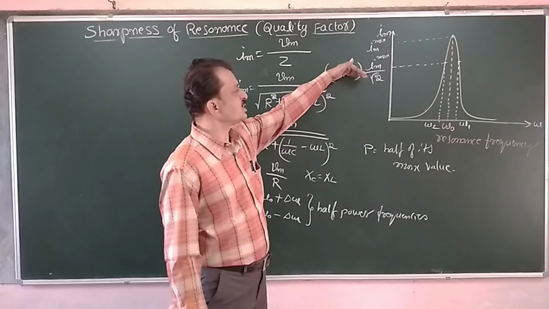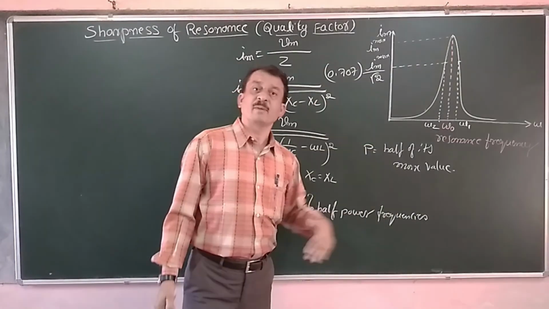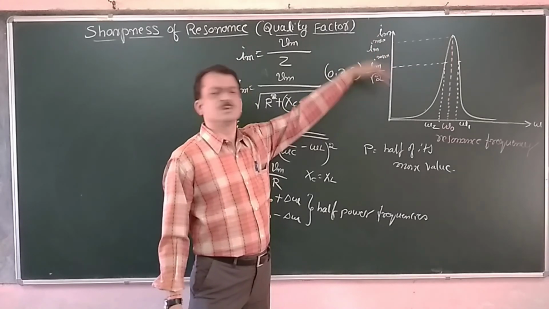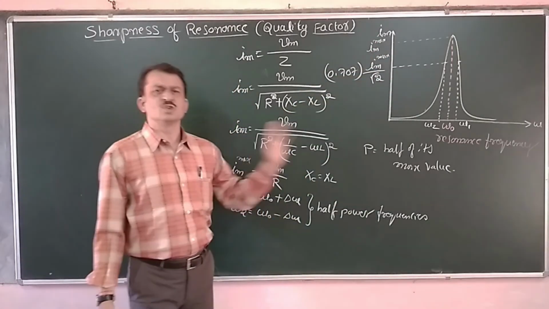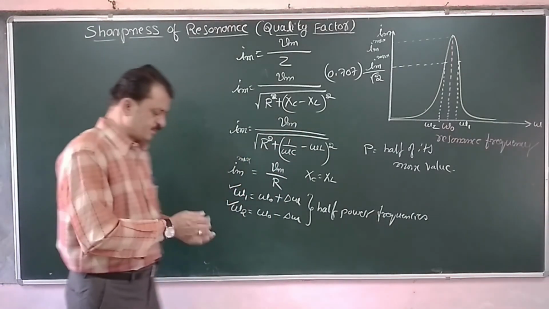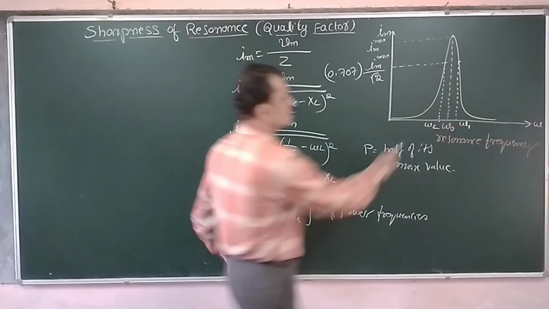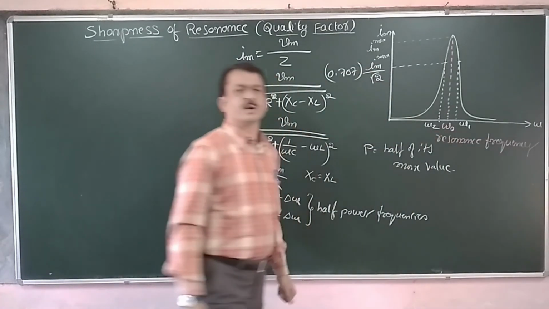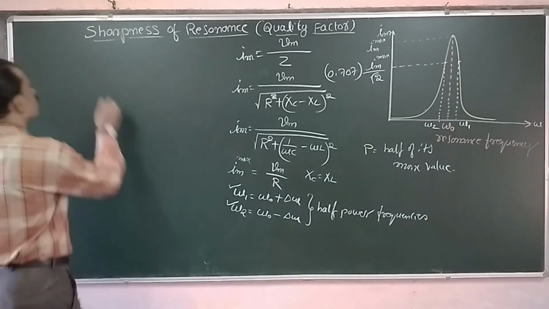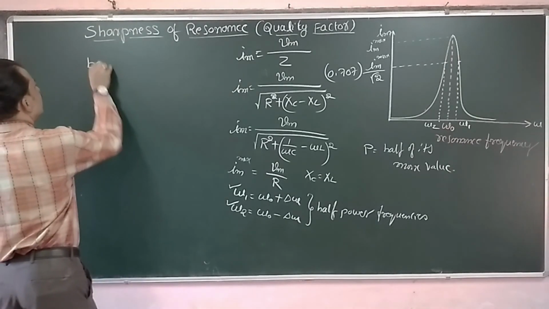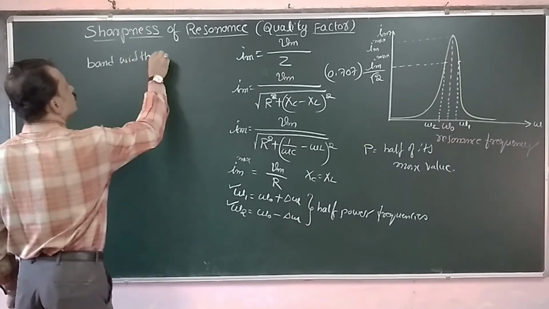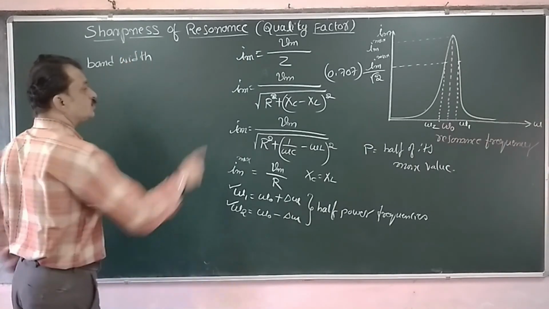If the power dissipation is less than half of its maximum value, the variation can be observed. Within half to maximum power dissipation, there is no observable variation in power dissipation. Therefore we are choosing that range of frequency, omega 1 and omega 2, and that range of frequency we call bandwidth.